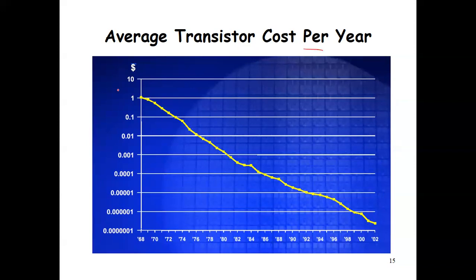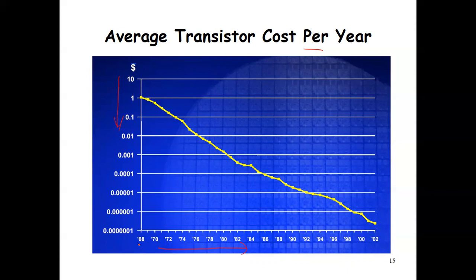This represents the cost of the transistor in dollars, and this represents the feature size. As the years go on, the cost of the transistor is gradually decreasing.